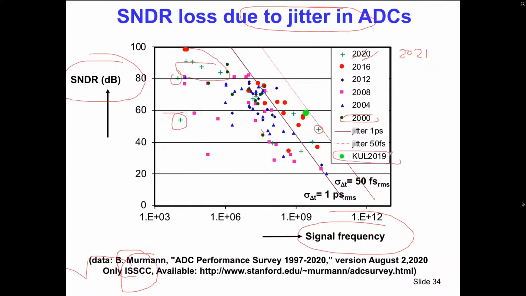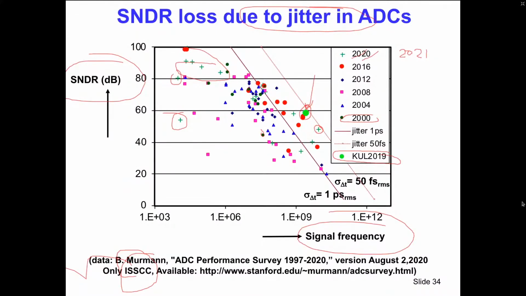And yes, let me be a little bit proud. My student at KU Leuven last year at ISSCC had this paper over here, and I just want to show you a little bit what we did in order to get the jitter down to that point. As you can easily see, we leave quite a bit of the competition behind us in this performance metric.